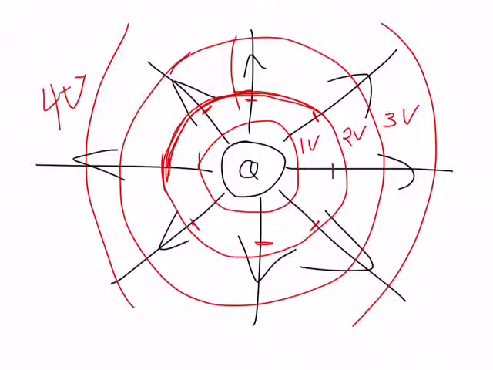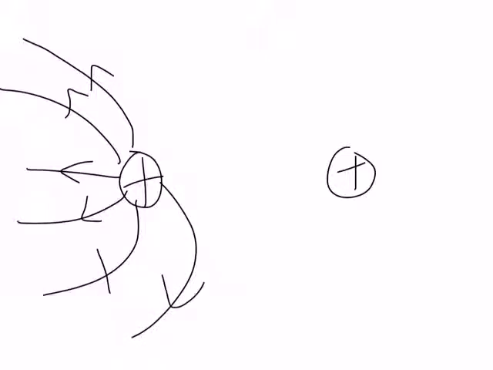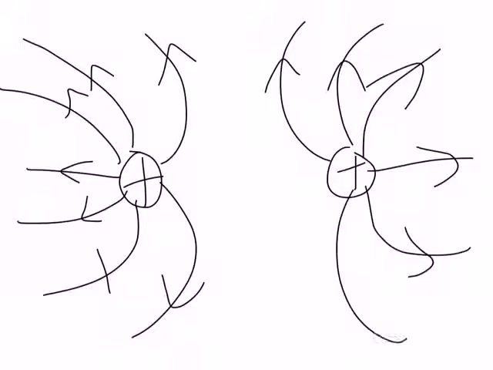So let's try a more complicated case. As you may recall, we have done the field due to 2 plus charges, and it looked something like this. And this one was doing the same thing. I apologize, it takes me so long to draw a field. So the question is, what do the equipotentials here look like? Well, let's start with this one.